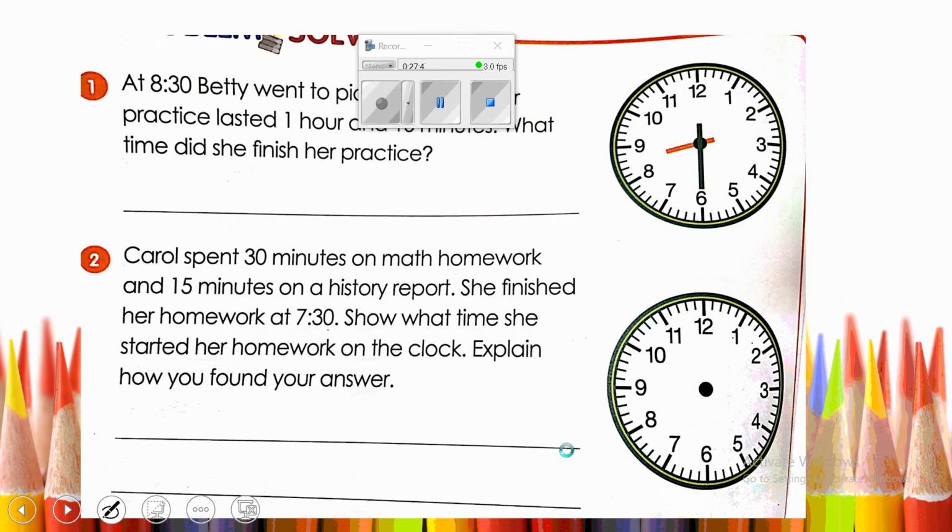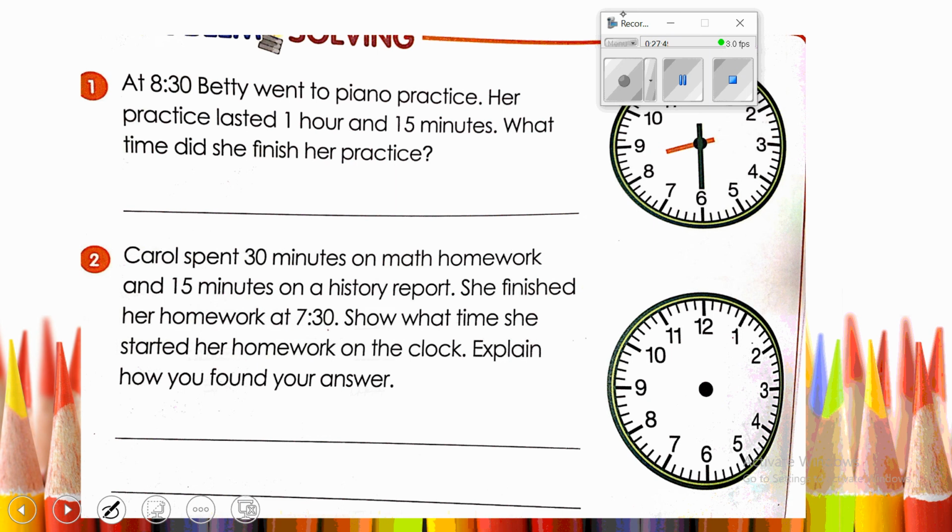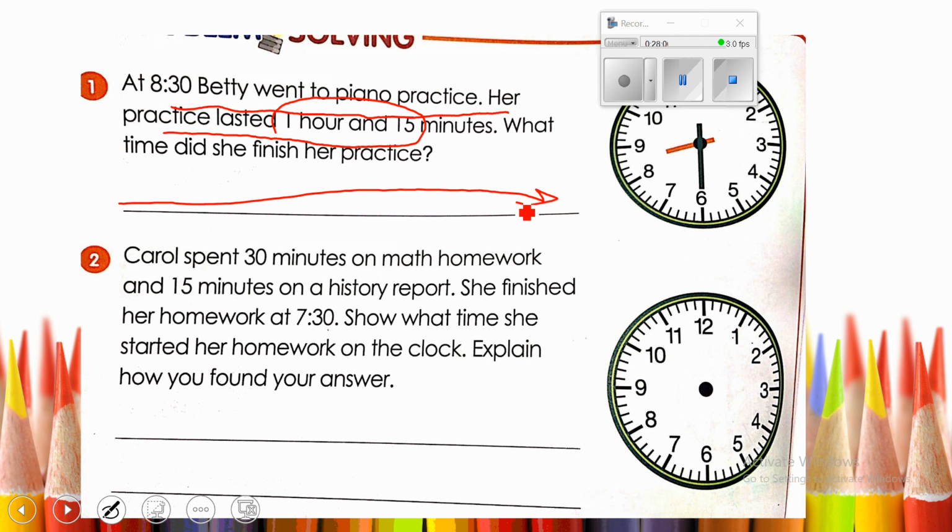Here is the problem solving. At 8:30, Betty went to piano practice. Her practice lasted 1 hour and 15 minutes. What time did she finish her practice? Let's write and draw a number line. Here she started at 8:30. And she will finish after 1 hour and 15 minutes.